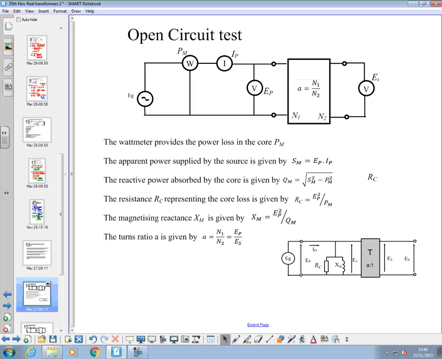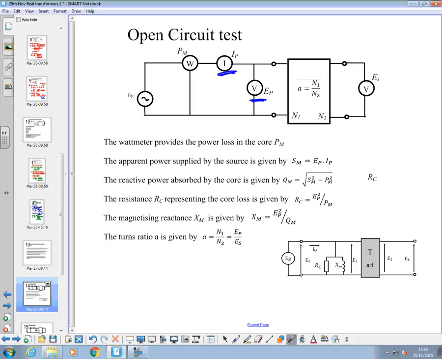The apparent power supplied by the source we can get from measuring the primary current and the primary voltage there and there. And then because we've calculated the power here and the S, M there, we can use those two values to find the reactive power in the core using Pythagoras' theorem.